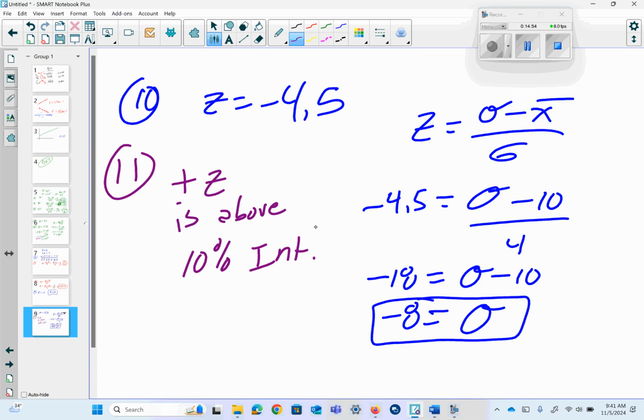All right, we got someone fishing at the Chatfield Reservoir, and he caught a fish at a z-score of 1.2. Explain what this means in the context of the question. Well, if you have a z-score of 1.2, that means you are 1.2 standard deviations above the average. Well, what was the average? I don't know.